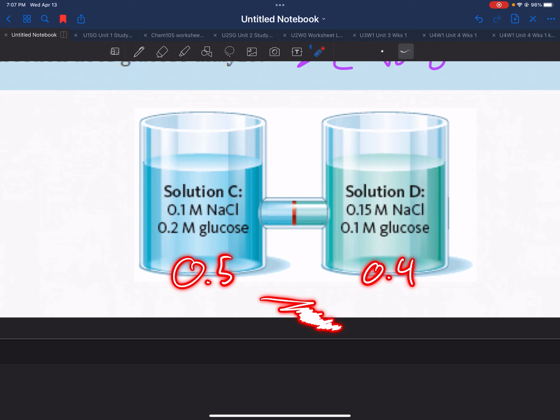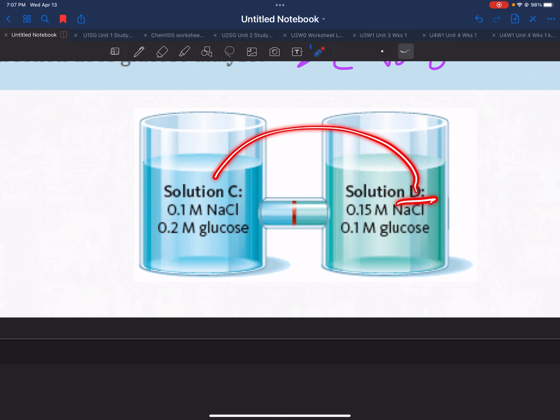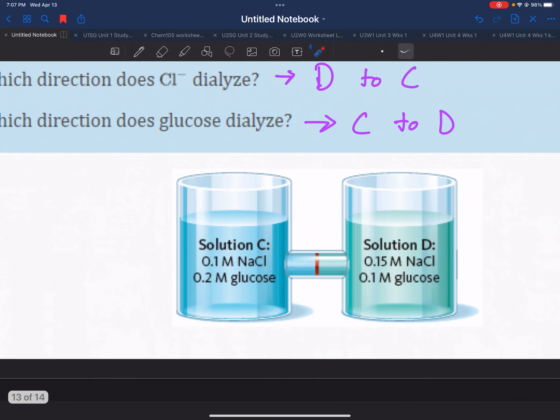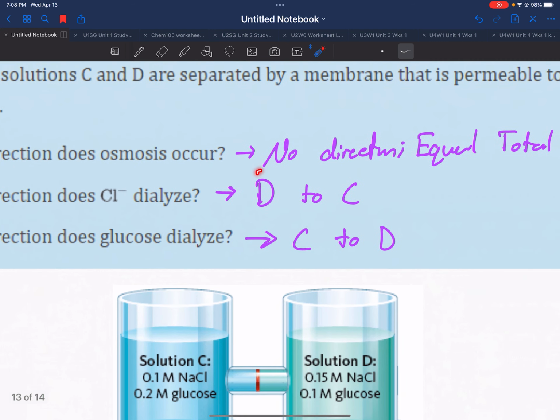So 0.5 is greater than 0.4. So osmosis would occur in this direction, from solution B to solution C. Once again, that's if this was 0.5 and 0.4. But since the actual values they gave us were 0.4, there would be no osmosis.